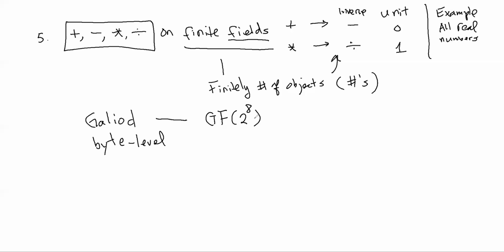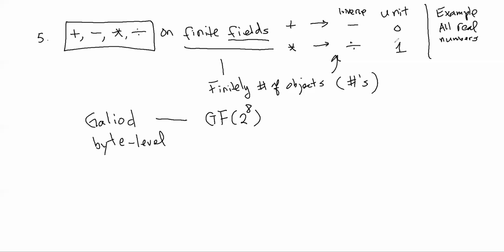So for a finite field of 256 objects, you can define these operations so that you get addition, multiplication, and inverse: for addition it is subtraction, for multiplication it is division, and then it has a unit. The unit for plus and minus is 0, and for multiplication and division is 1.